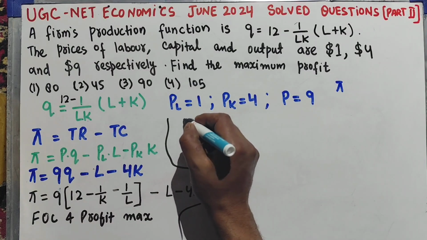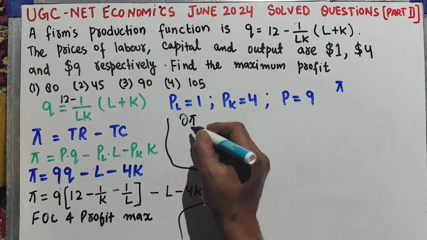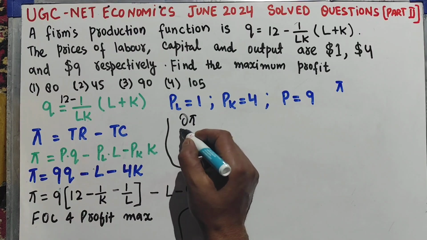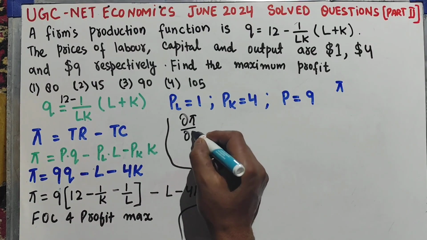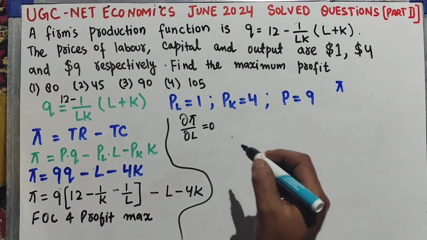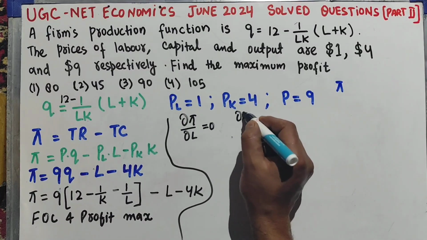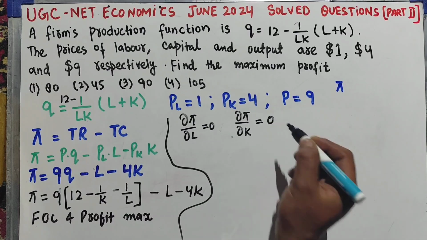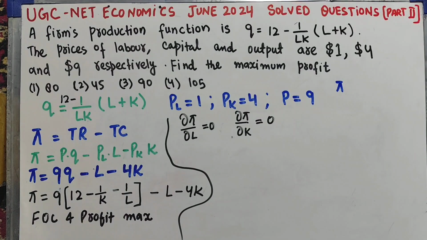That is, the derivative of the profit function with respect to L should be equal to 0, and the derivative of the profit function with respect to K should also be equal to 0. So we need to find out these two derivatives. These are the partial derivatives here, obviously.